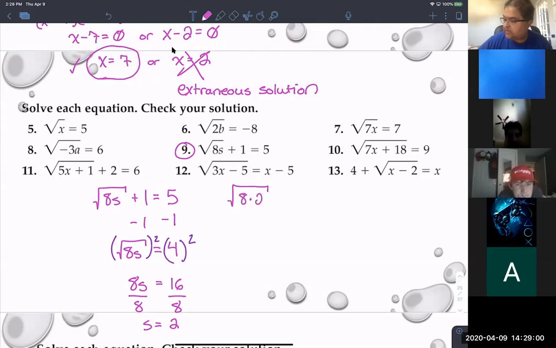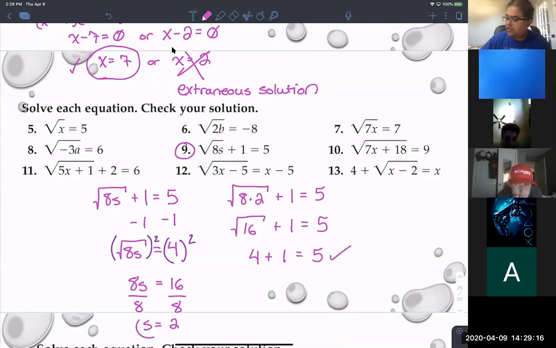So 8 times 2 plus 1 equals 5. So 8 times 2 is 16, right? Square root of 16 is 4. There's the solution. Any questions?